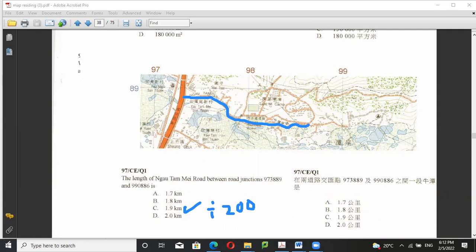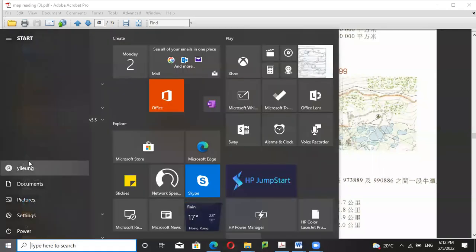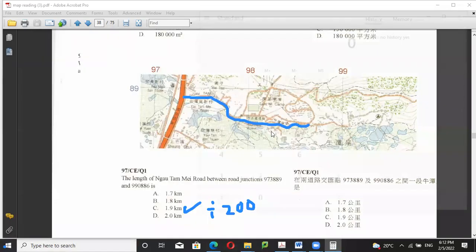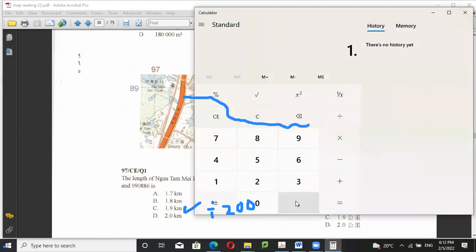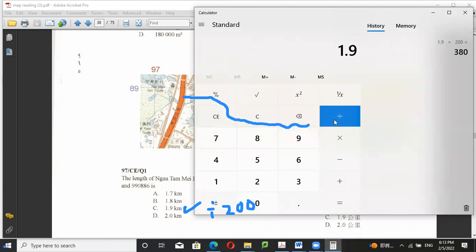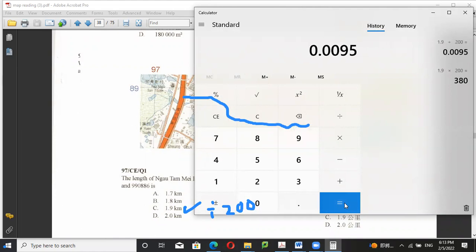Let me find the calculator. I'm really not good at mathematics indeed. It should be 1.9 times 200. No, 1.9 divided by 200. What am I doing?